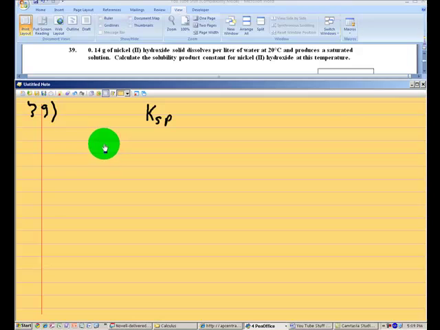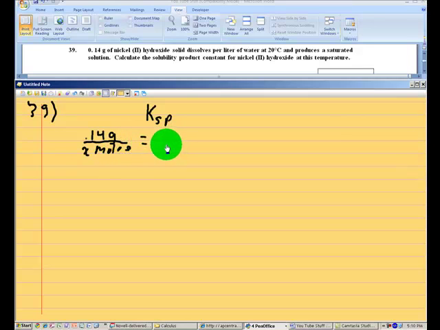So our first move is we have to get concentrations. But they've told us that we have 0.14 grams of nickel hydroxide. I don't want grams, I want some molarity. So we're going to first convert the 0.14 grams into moles. 0.14 grams of the nickel hydroxide is how many moles?